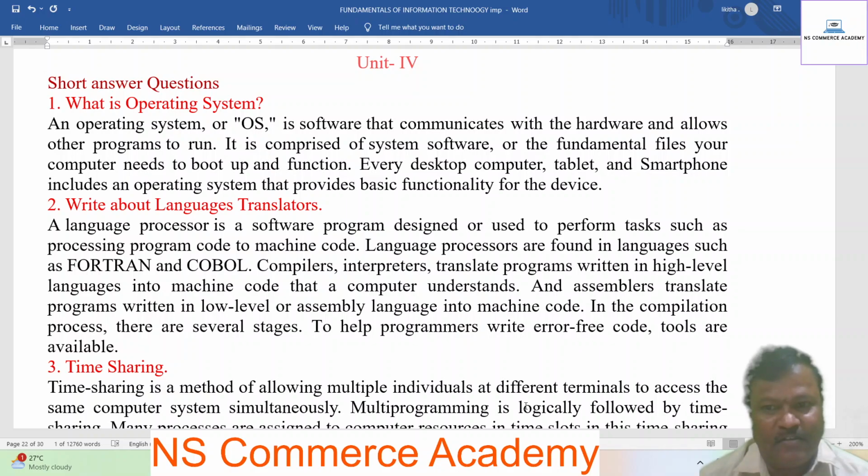An assembler translates programs written in low-level or assembly language into machine language. In the compilation process, there are several stages to help programmers write error-free code. Tools are available.